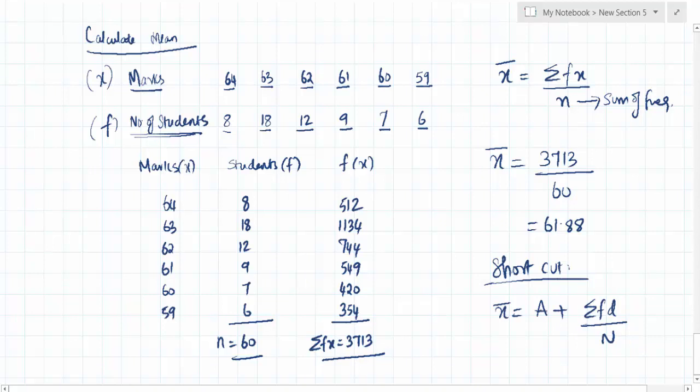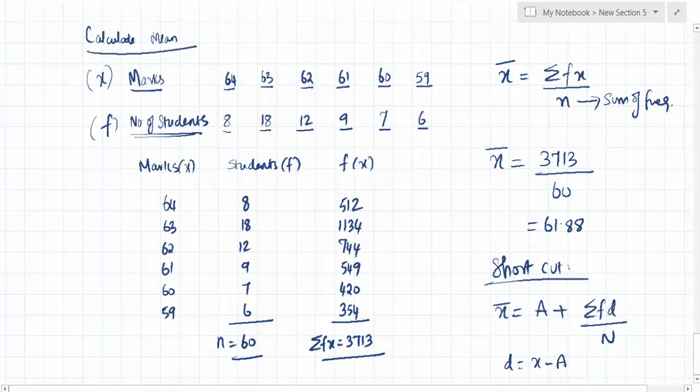So this a is nothing but the arbitrary number which you have to pick up from the variables, and summation of fd is nothing but f multiplied with an item called d. So what is d? We have to define d. D is nothing but x minus a, and a can be any number.